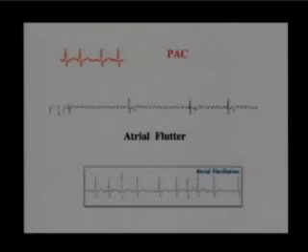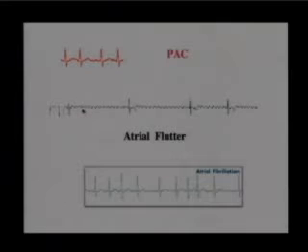So now, if we take a look at this picture here, we see up here, you can see where you get an extra P wave in there. So you get a premature atrial contraction.